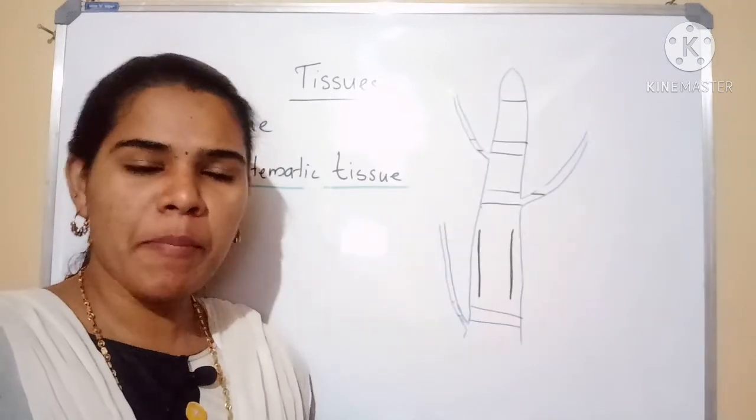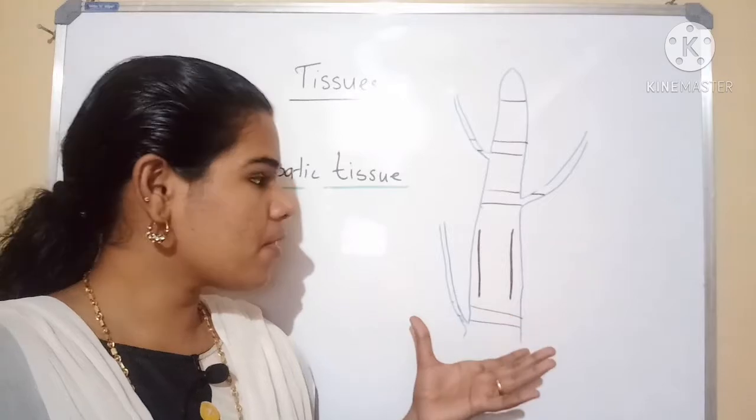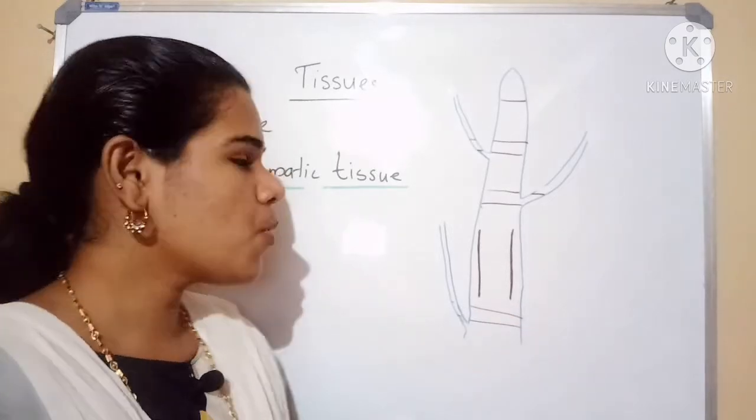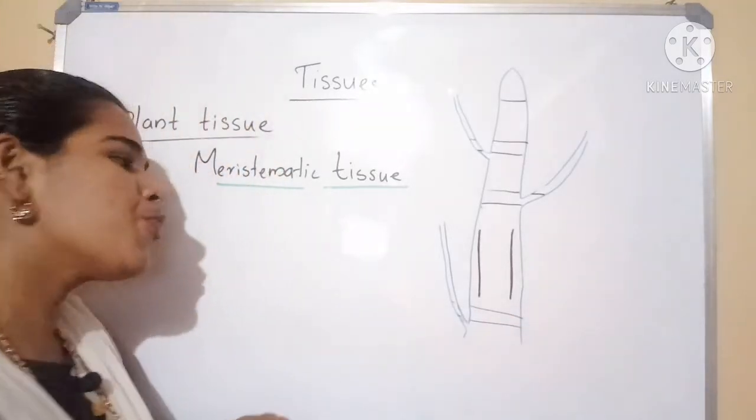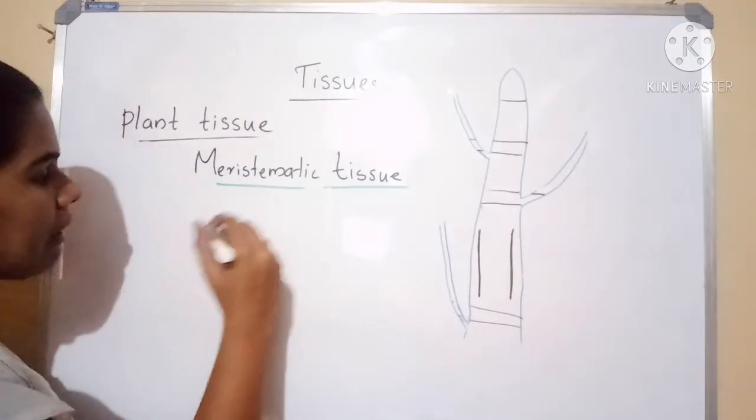Imagine this is the stem. The meristematic tissues are classified into three types.